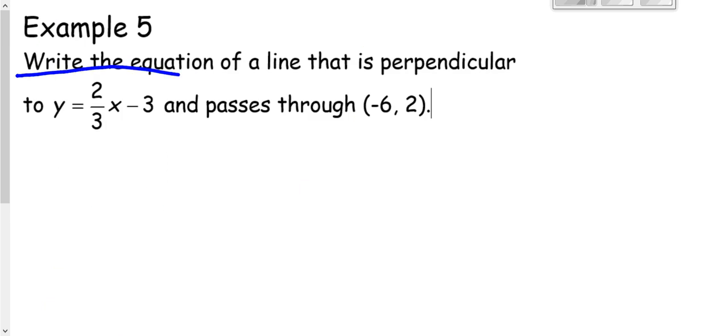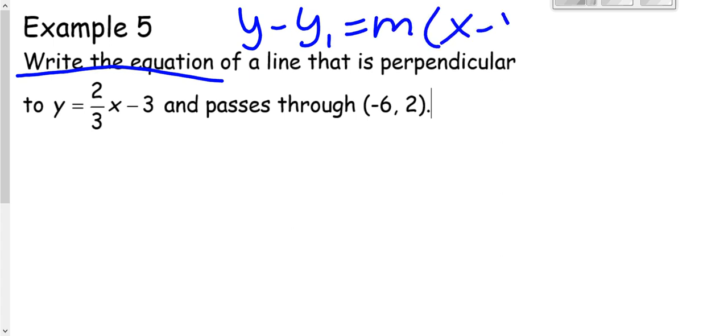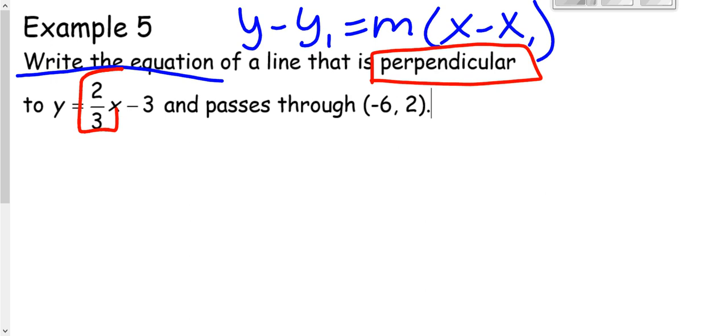Same thing. It's saying write the equation of the line. So I'm going to need that point slope formula, the same formula I just used in that example. This time, though, the relationship we're talking about is perpendicular. So let's go pull that slope out of the equation again. We're looking at 2/3. What do I need in order to make that slope a perpendicular slope?